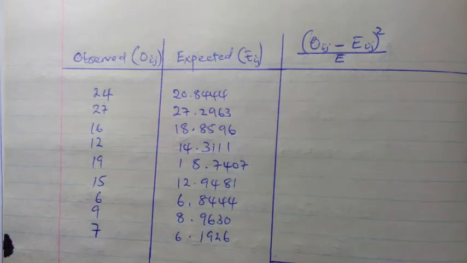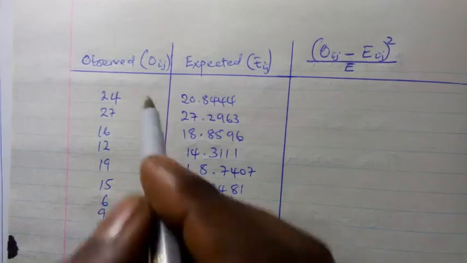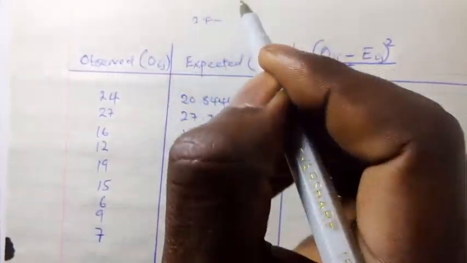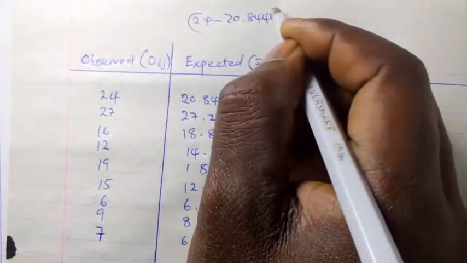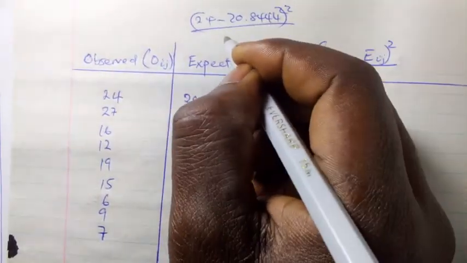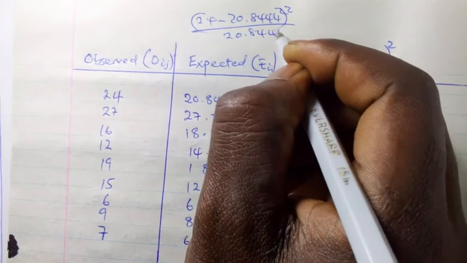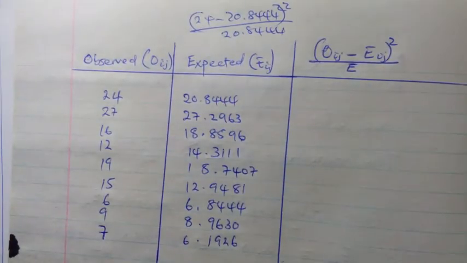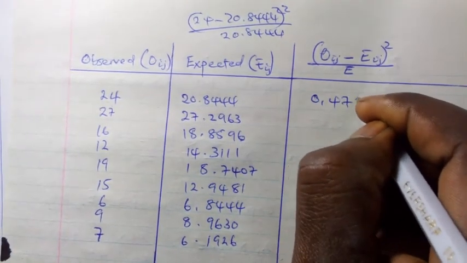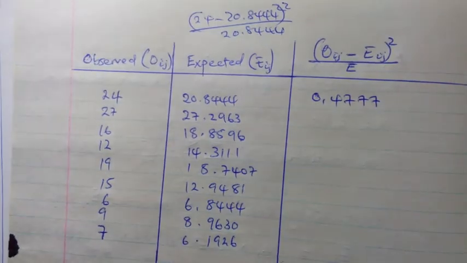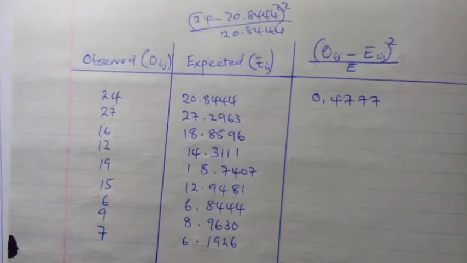For the first one, it will be 24 minus 20.8444 squared all over 20.8444, and then you evaluate this. On my calculator, I got 0.4777.